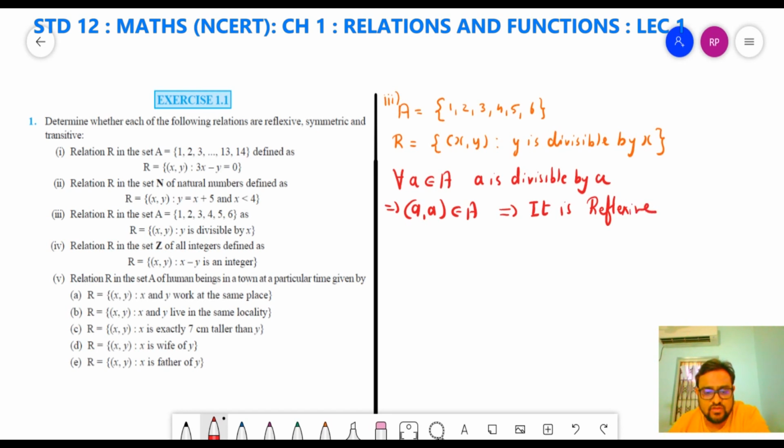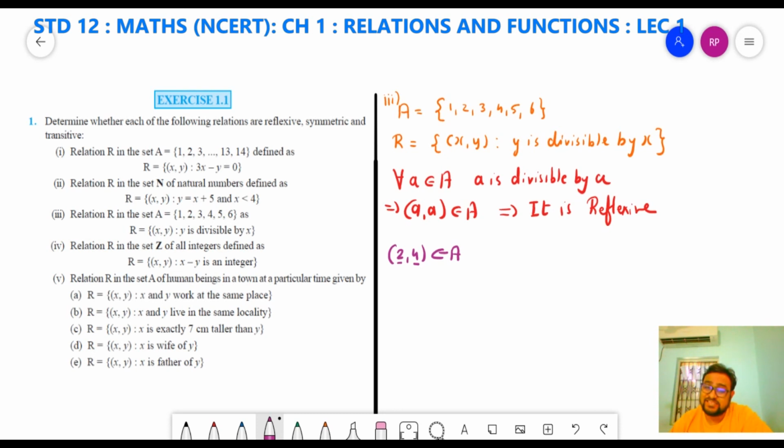Okay. Now for the next one, let's select any two numbers in an ordered pair which belongs to R. Clear? Let's say (4, 2). See, I can say that 4 is divisible by 2, right? So (2, 4), y is divisible by x, 4 is divisible by 2, that belongs to R. Clear?